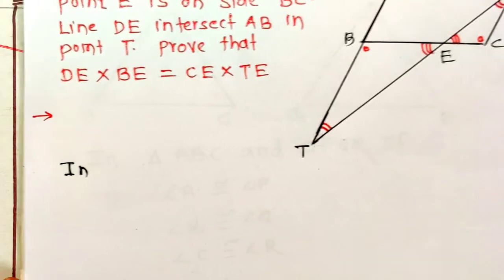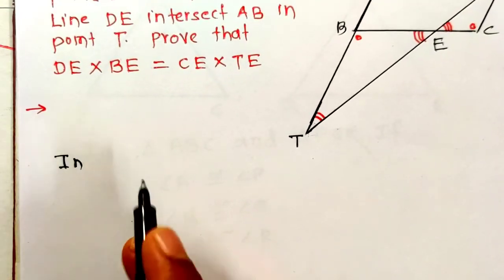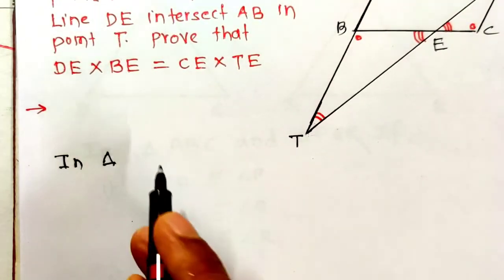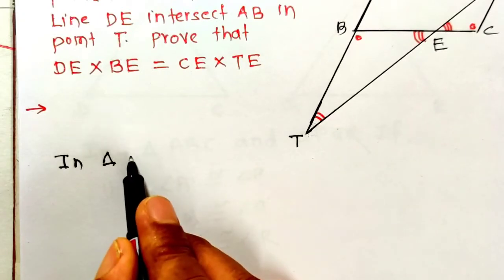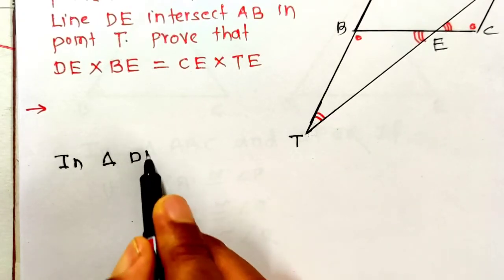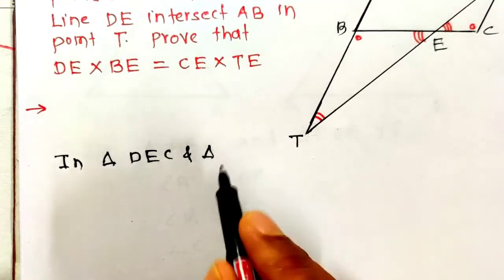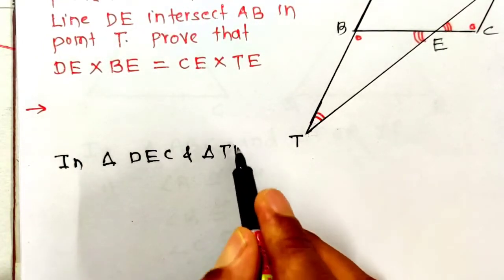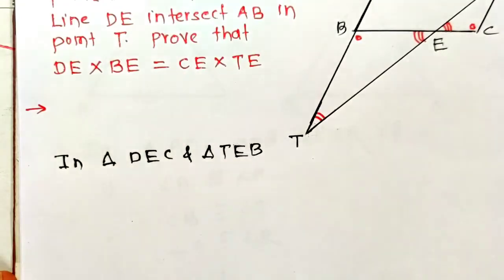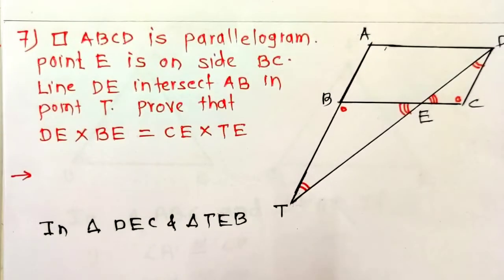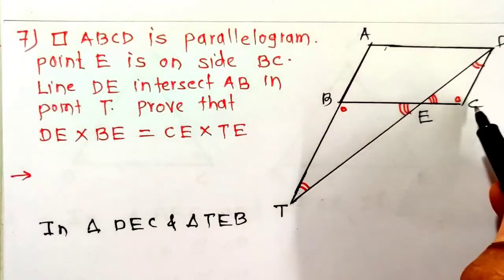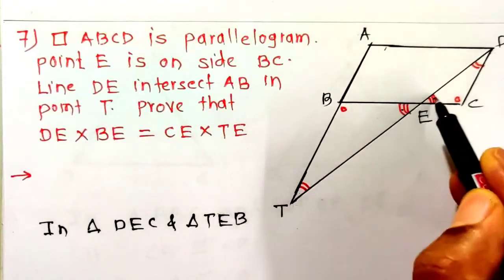So in this figure, observe these two triangles. In triangle DEC and triangle TEB. So here this first pair, DEC and TEB, these are opposite angles.